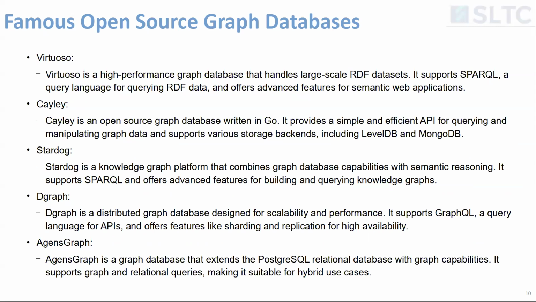Okay. Now, Virtuoso is using something called RDF datasets. And then Cayley uses MongoDB also, if you want to, and it's written using Go. Now, this is a very important one because Go is a language for multi-threaded applications, and MongoDB is another beautiful database for storing name value pairs.